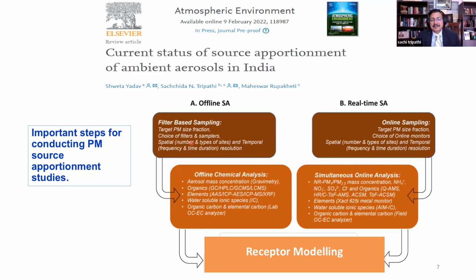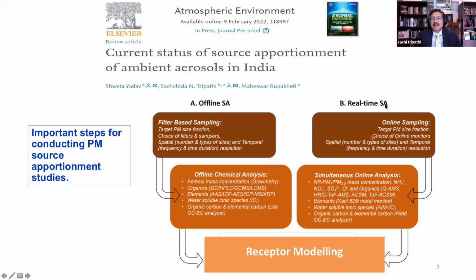For example, if the city is large, you might need more sites to get an actual representative picture, because for a large city, the source contribution may vary from site to site. Second is how frequently you want to sample. That again depends on the ambient concentration and some other factors.